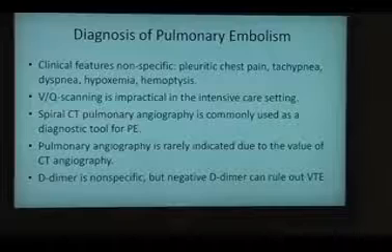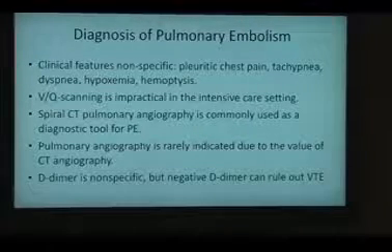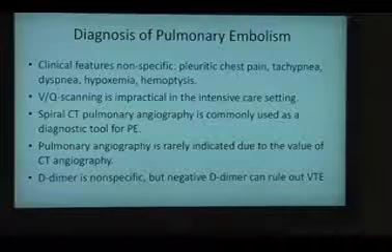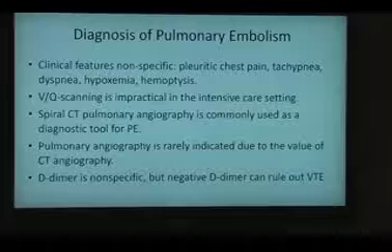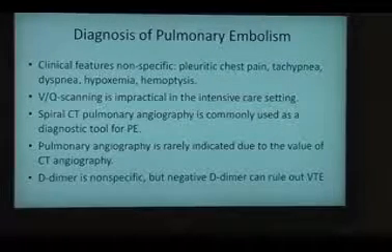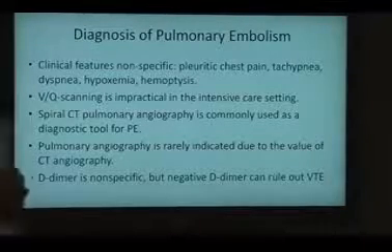Liz, do you? I mean, other than the PE protocol, it's really a challenge technically to do that. The requirements that the nuclear medicine people have aren't very compatible in some ways with being able to ventilate the patient.